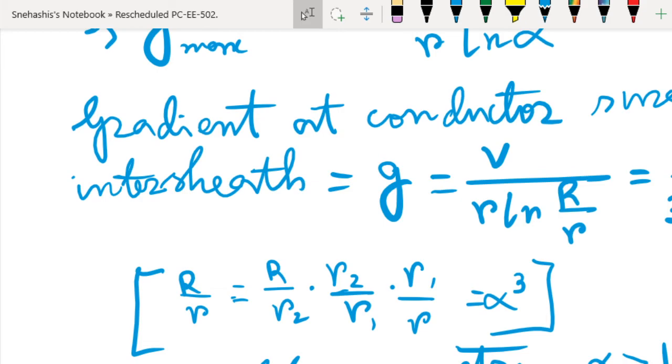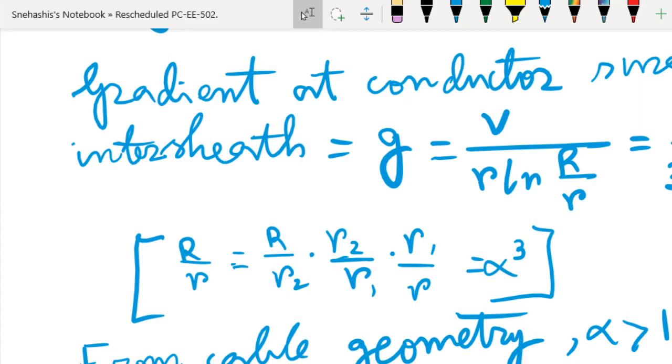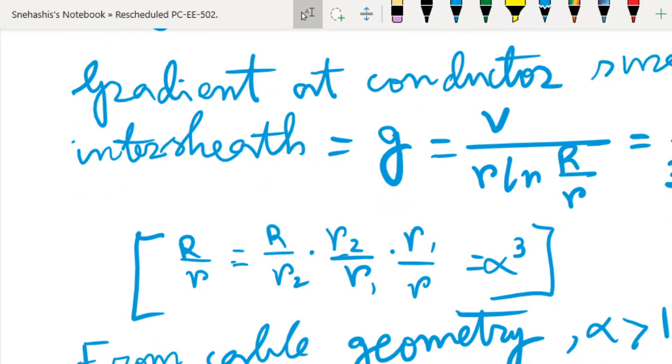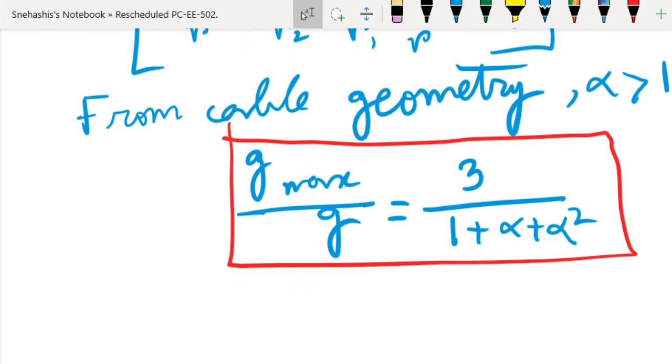Gmax by G, that becomes what? 3 by 1 plus alpha square. Okay, so this relation you should remember. Gmax by G equal to 3 by 1 plus alpha square.